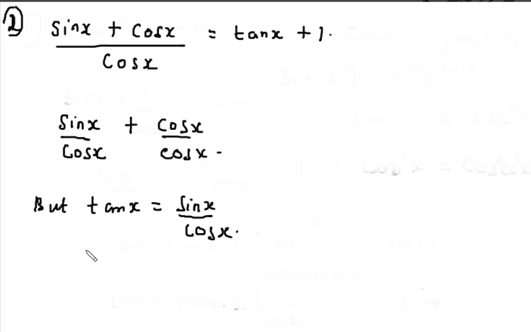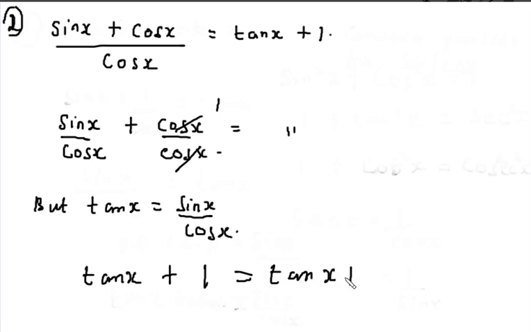So this is tan x, plus now we know that cos x divided by cos x is 1. So plus 1 equals tan x plus 1.